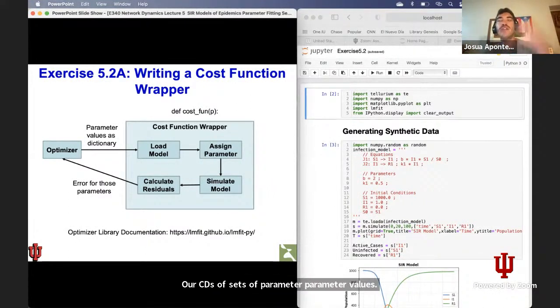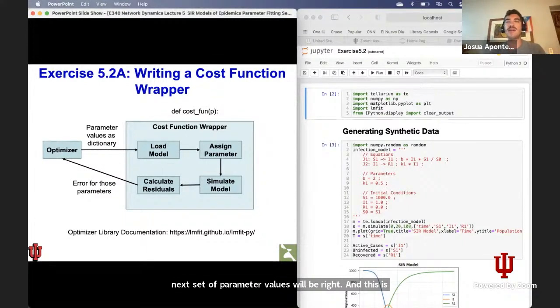So if the optimizer is giving you the parameter values, then as a modeler, your responsibility would be to simulate the model and then calculate the difference between the model prediction and the data, and then return that difference, that error, for those parameter values back to the optimizer, so the optimizer can make an intelligent guess of what the next set of parameter values will be, right? And this is what we call writing a cost function wrapper.